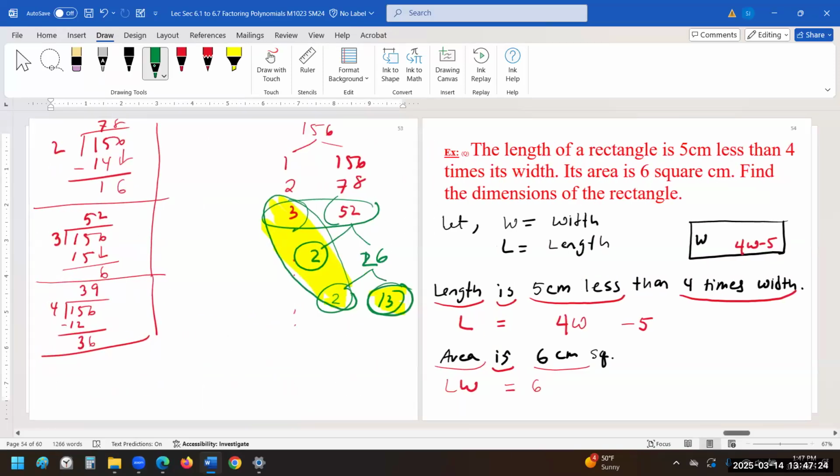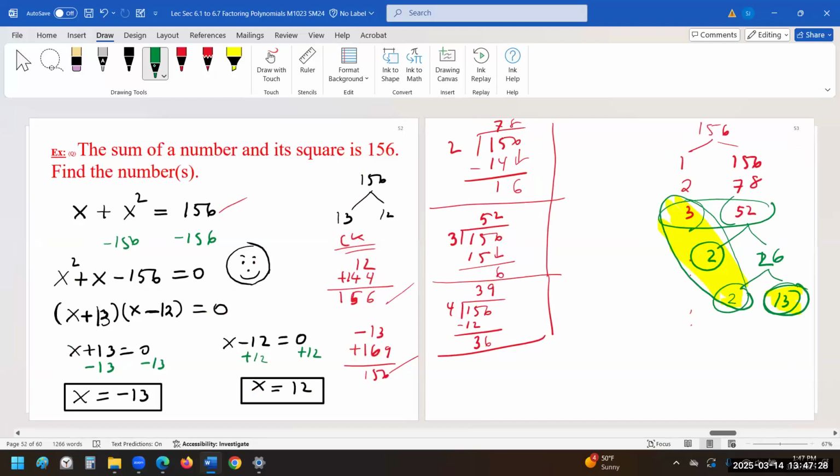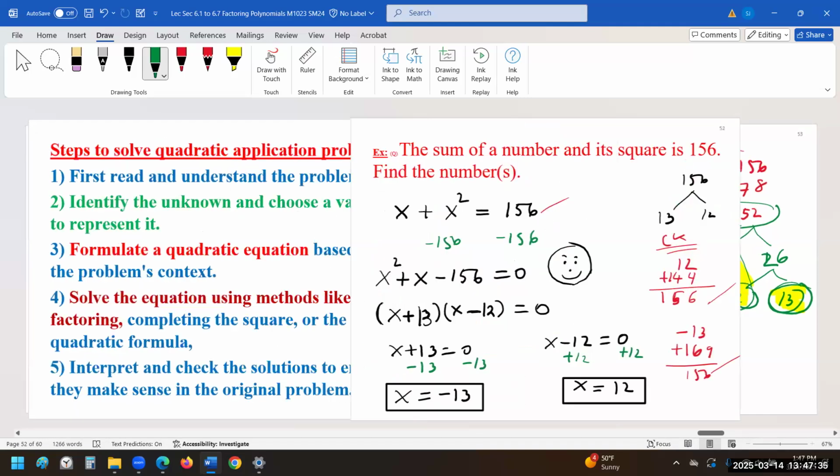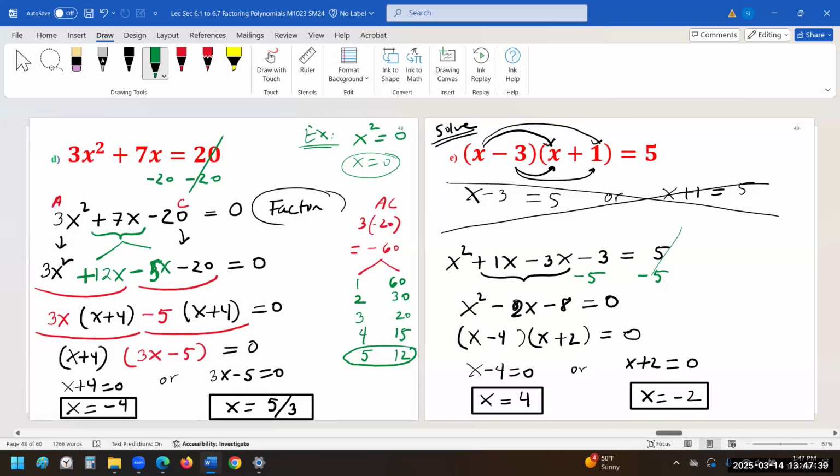For example, look at the previous ones. Here, x squared was 1, so we factor directly. But here, our x squared was not alone, it was 3x squared.